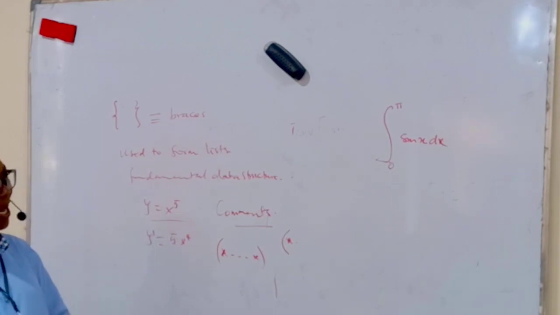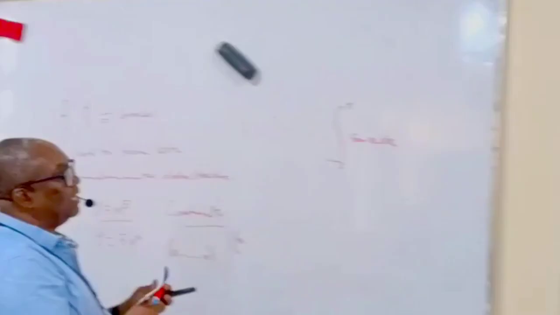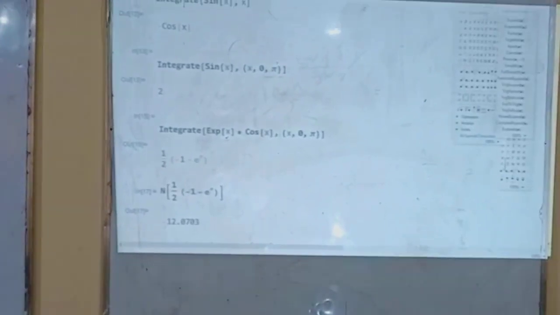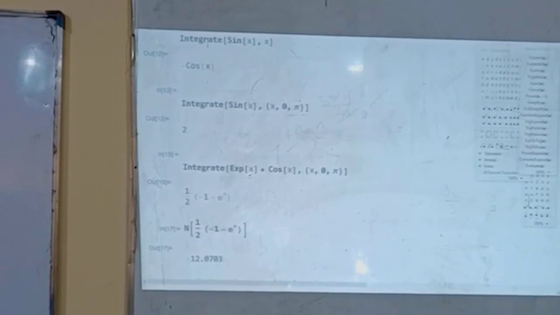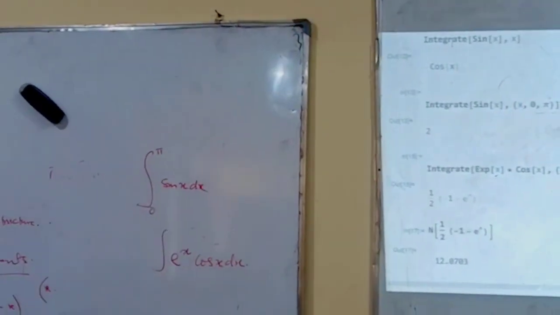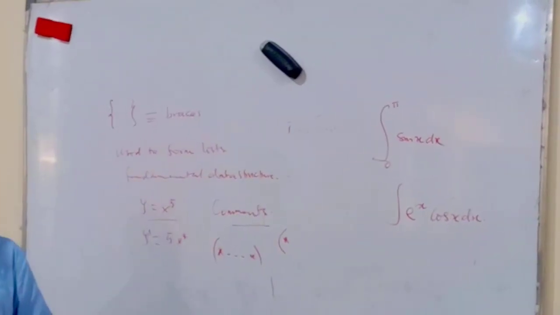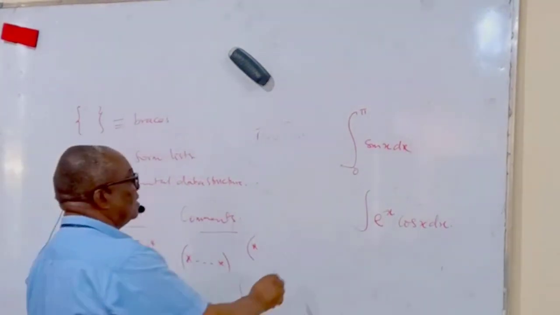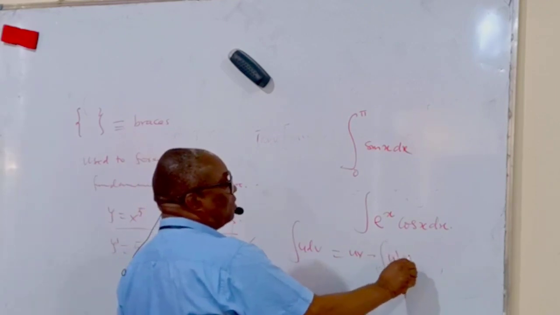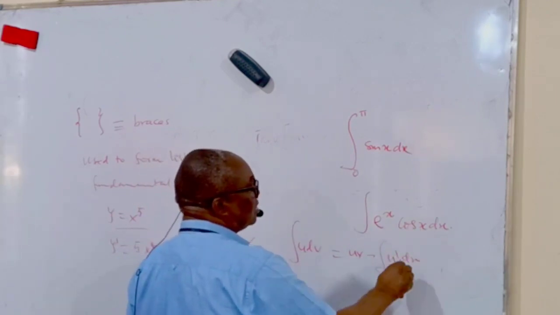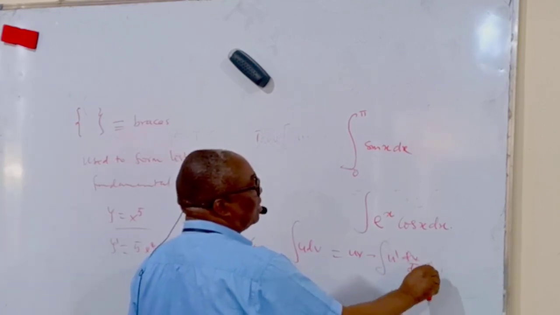Now, I want to integrate the integral of e raised to the power of x cos x dx. This is actually done by parts, is it not? Have you forgotten your integration by parts? That says the integral of u dv is equal to uv minus the integral of v du by dx dx.